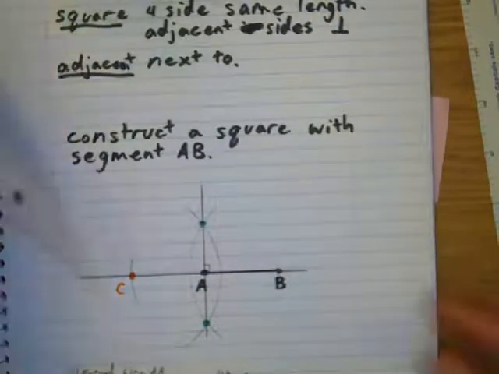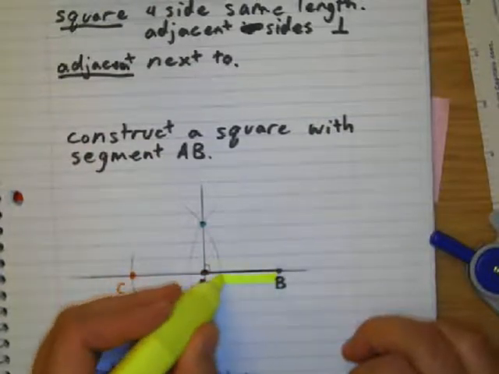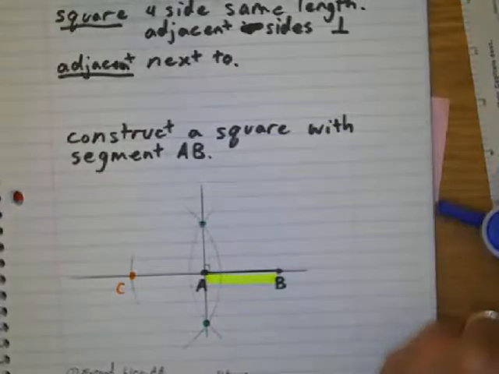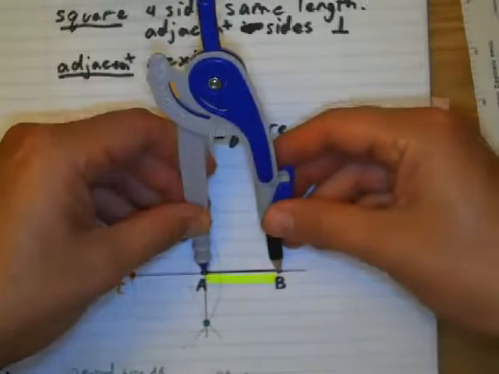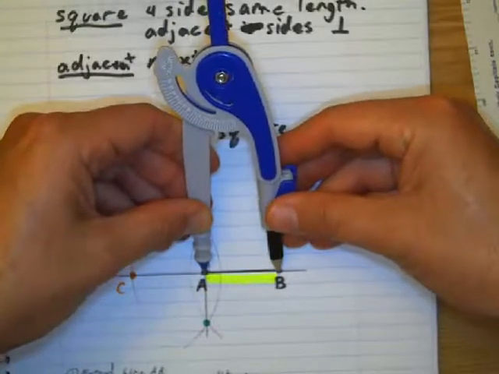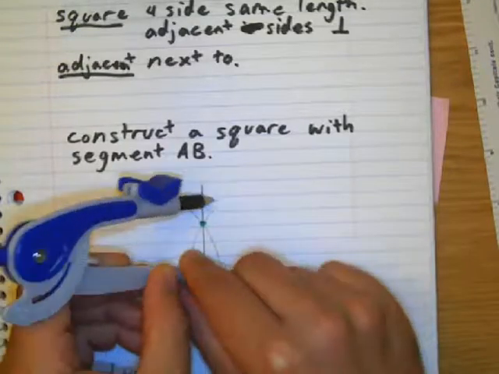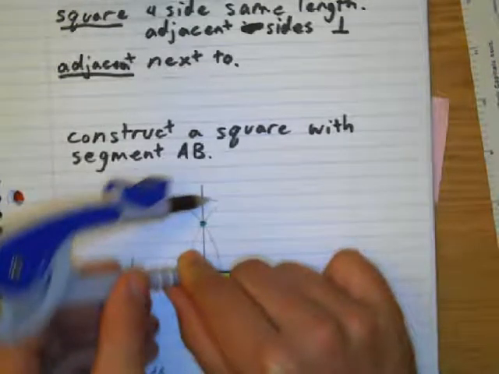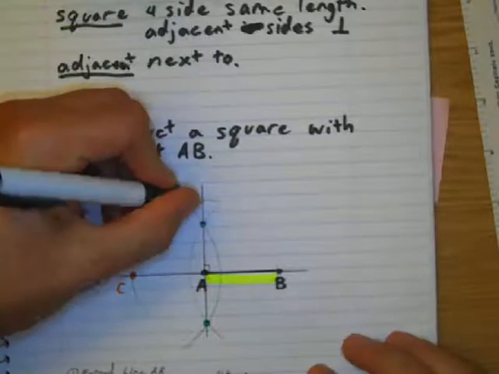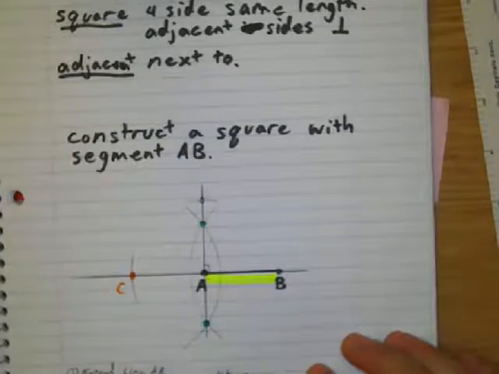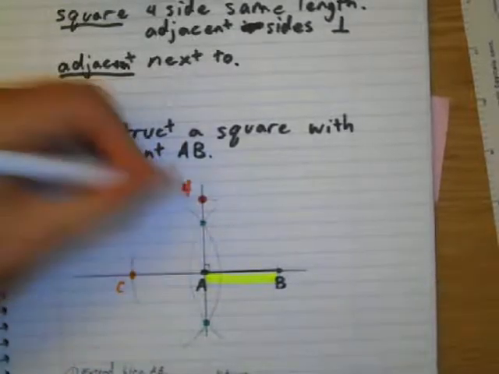So now I need to change my compass, and I need a length going up and down that's the same as the yellow side. So if I set my compass, I'm going to get this measurement from A to B, and I'm going to mark up here. And where my arc intersects the perpendicular line, at this point, I'm coloring it red.